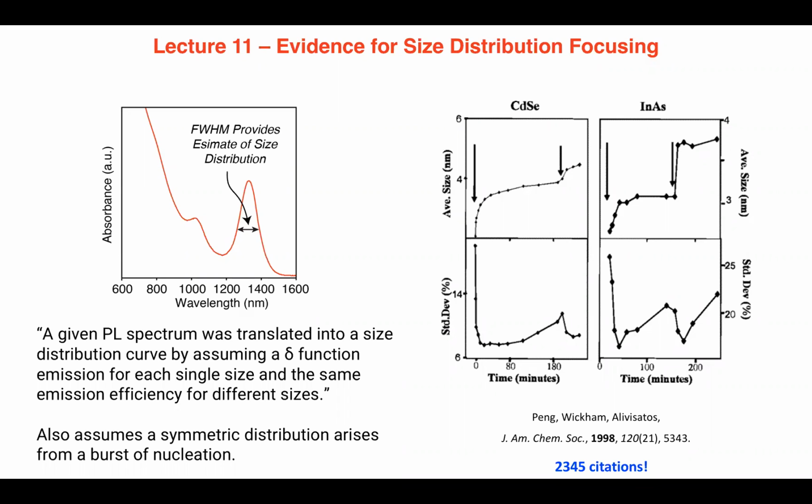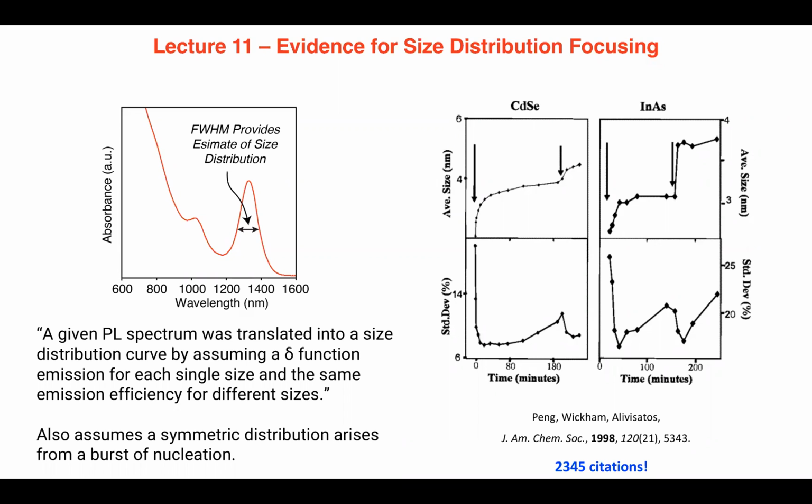This sample is perfectly monodispersed, or very nearly so. So if you look at changes to this width, it's not telling you about the particle size distribution at all. It's telling you about the intrinsic breadth of a single particle. So that was one of the major things. They had to assume that the size distribution curve of a single size is a delta function.